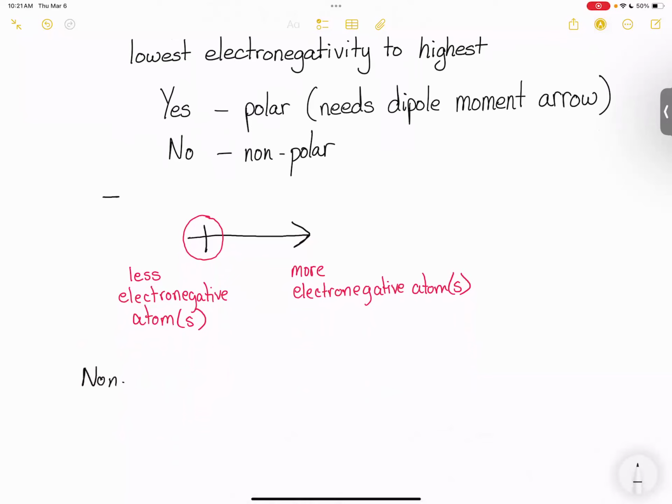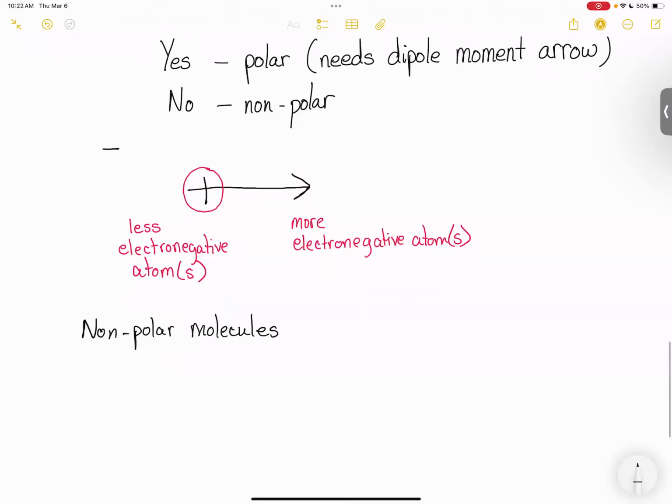your non-polar molecules will include hydrocarbons, of carbon and hydrogen only.